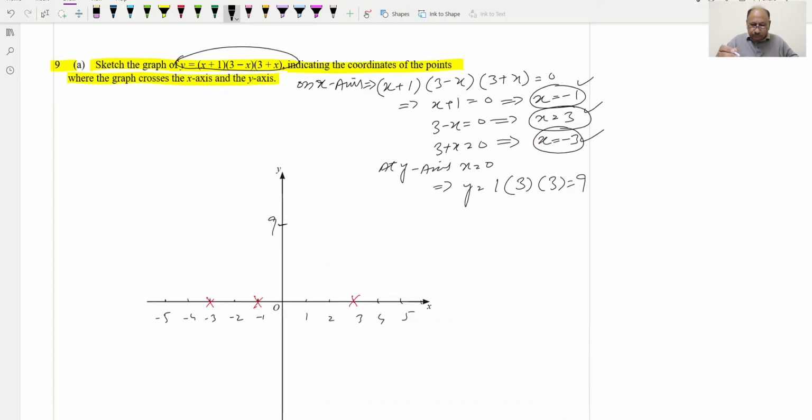Now we need to figure out that the curve is moving down also and up also.